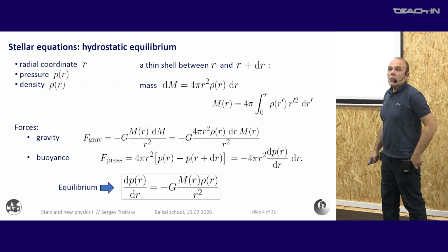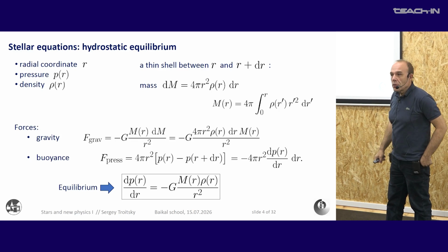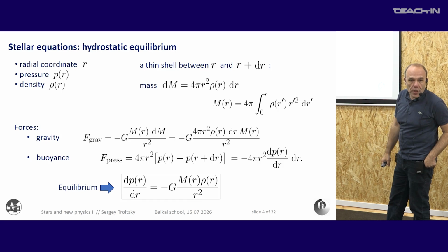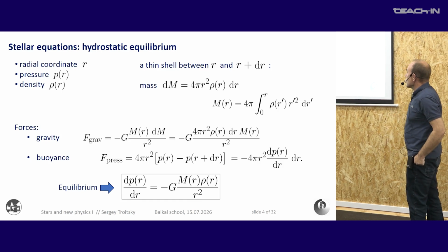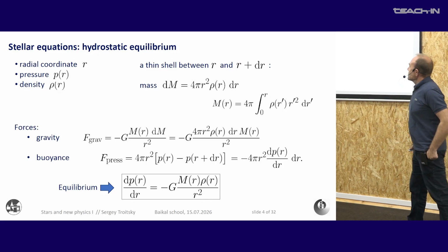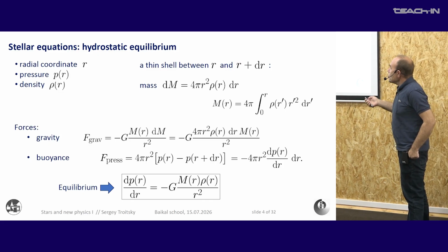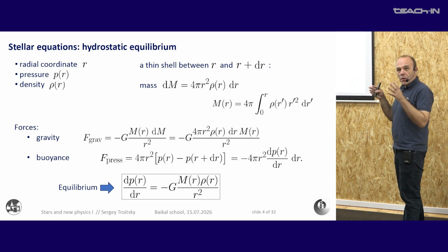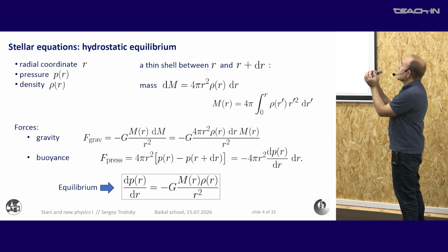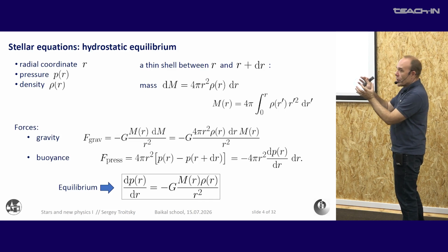Let us start to combine the system of equations to which a star is a solution, and start with Newton's law. The first equation is simply the hydrostatic equilibrium equation.